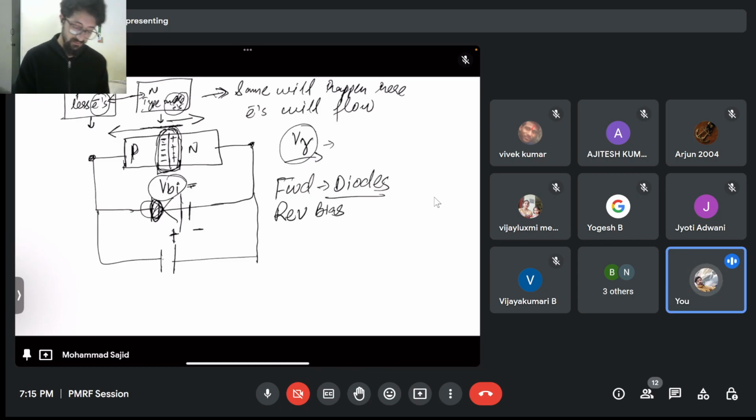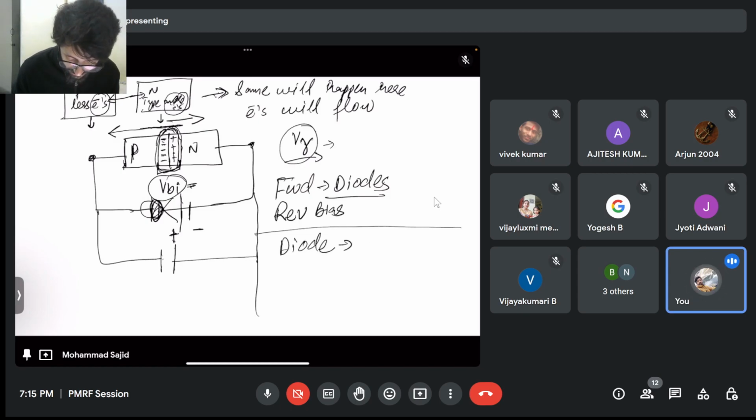So this is just a few basics regarding the PN junction. Now, from the question point of view, the diode acts as a short in forward bias. It does not exactly act as a short, because there is always some resistance associated with it, and it acts as an open in reverse bias.